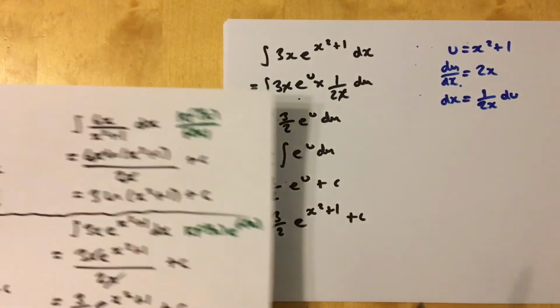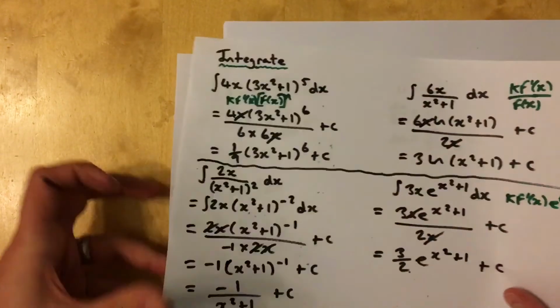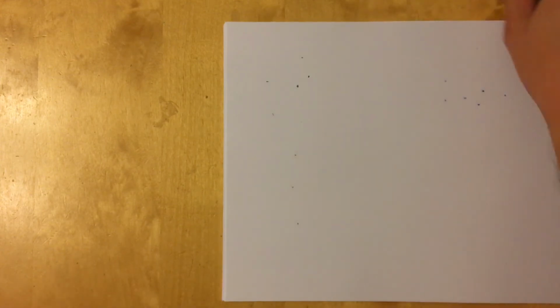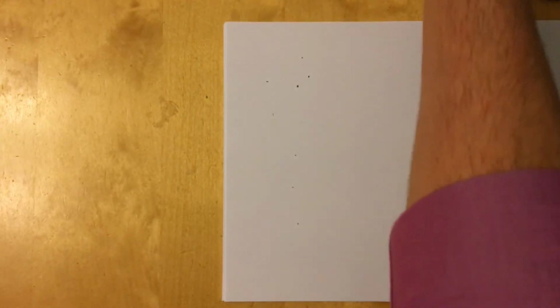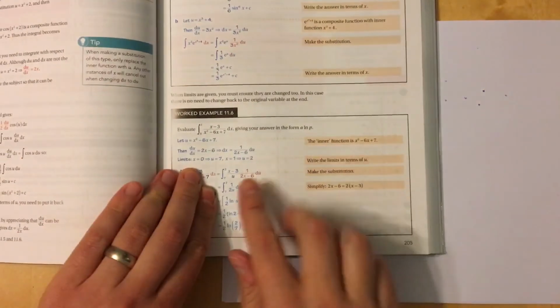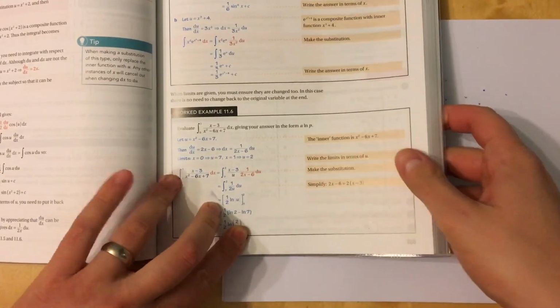Now another thing to be aware of is that integration by substitution can give you a little bit of a shortcut when you're doing a definite integral. So in your textbook, there's a really nice example and it is set out very nicely for you. This is page 205 at the top.